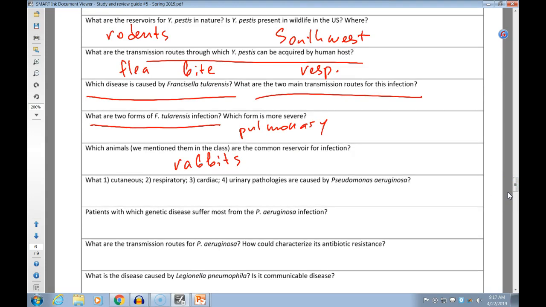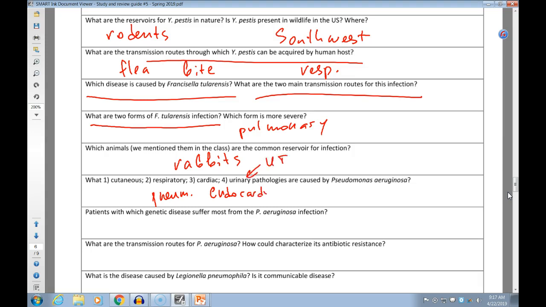Pseudomonas aeruginosa, cutaneous infections. Just know that it can cause skin infections, really. I'm not asking about memorizing green nail syndrome or hot tub rash. As amusing as those names are, I don't think they bear a lot of clinical significance for you now. Respiratory, pneumonia. Cardiac, endocarditis.